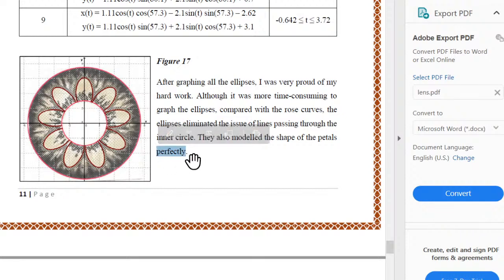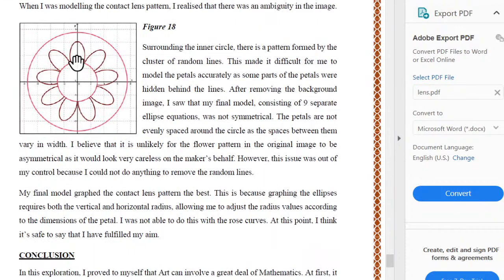You can say it's very close, but not perfect. Again, the pattern is formed by a cluster of random lines. It is difficult for them to model petals accurately, as some parts of the petals are hidden. Okay.